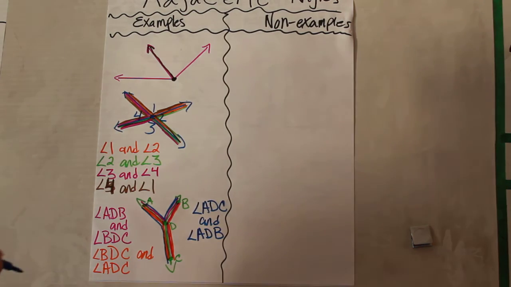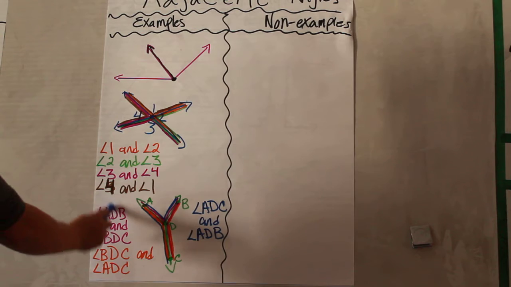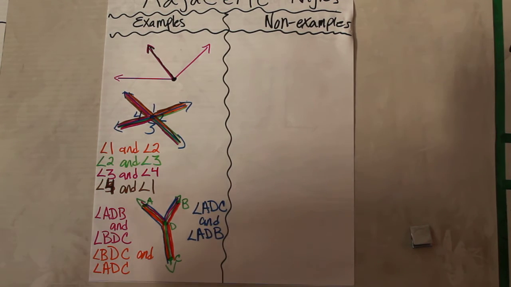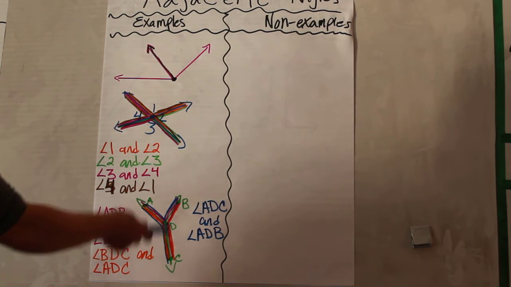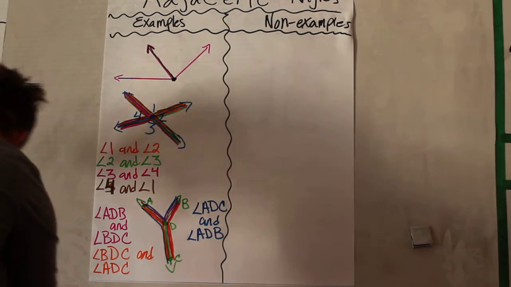They share that vertex, that D that's in the middle. Notice all of them do, because they all intersect in the middle. But then it's just a matter of the different angles, and we name the different angles.